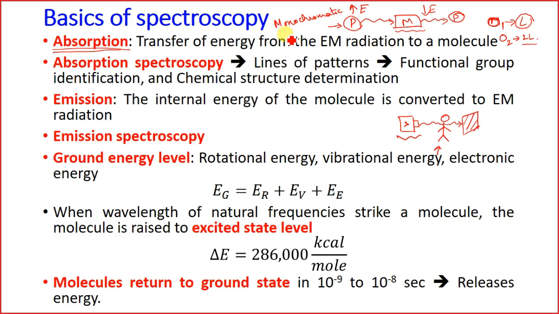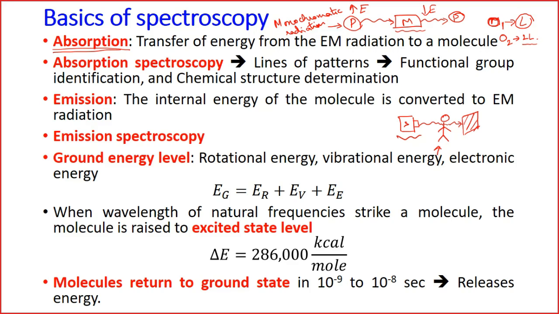Monochromatic radiation means one energy, which means it has a particular frequency. When it has one single frequency component, it is called monochromatic radiation. So these are monochromatic radiations, and we have considered this one.